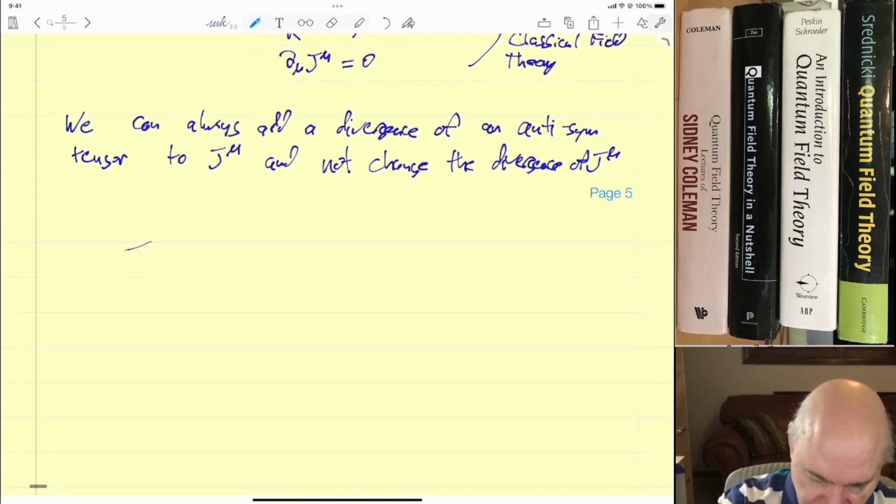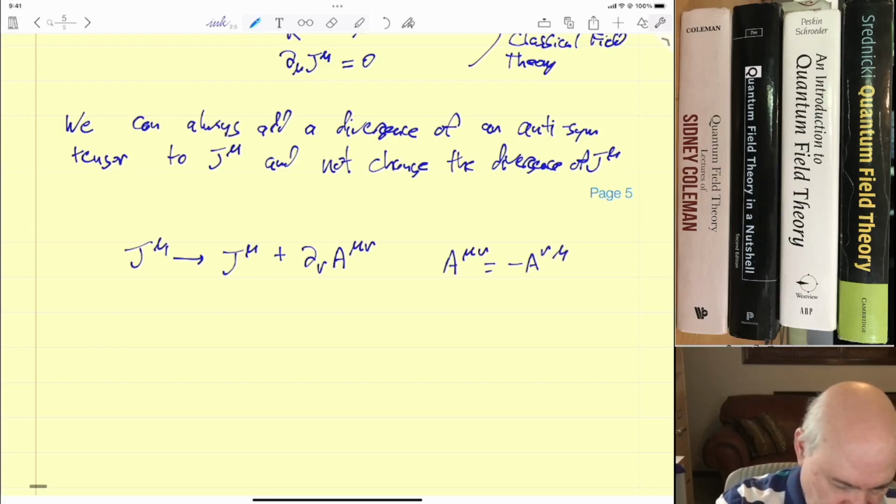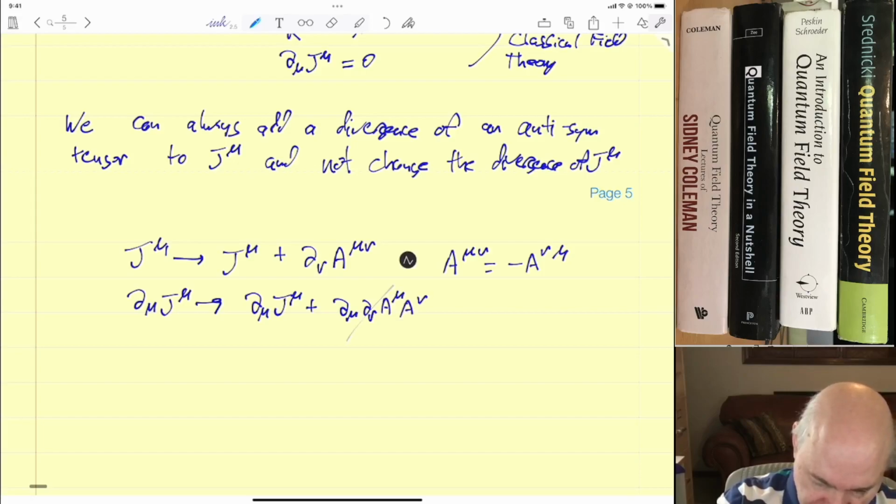I mean, this is easy to see. J mu goes to J mu plus the partial nu of A mu nu, where A mu nu equals minus A nu mu. Then the partial of mu of J mu goes to the partial of mu of J mu plus the partial of mu partial nu A mu nu, and this vanishes because A is anti-symmetric and two partial derivatives like that are symmetric. So we still get the partial of mu of J mu, which still equals 0.